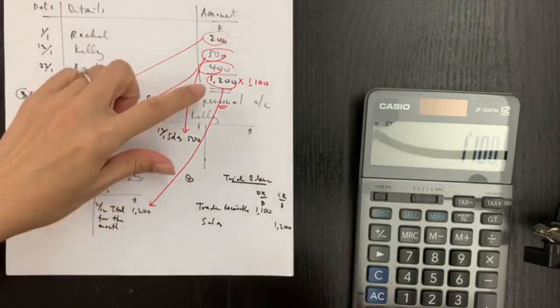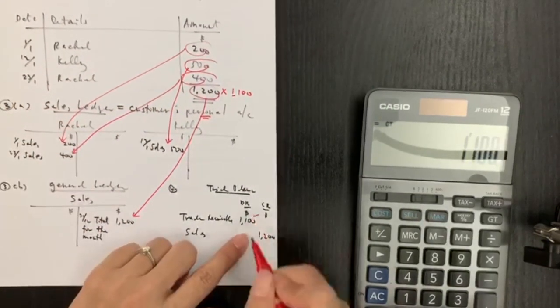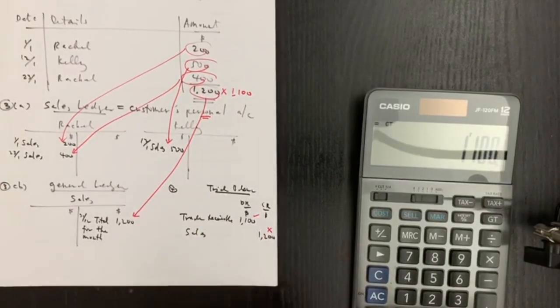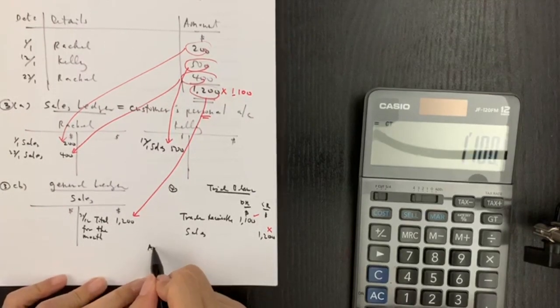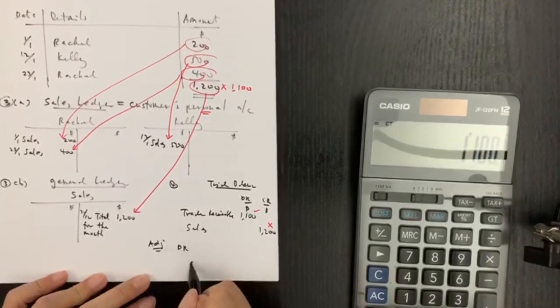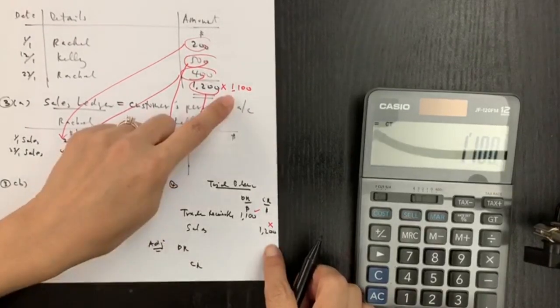Okay, so let's look at the effects of the mistake. If I have over added the total here, then no mistake in trade receivable account. However, sales is wrong. Okay, so how should I correct the mistake? By using the double entry. So here is the final adjustments. Sales account is too large, it should not be 1,200, it should be 1,100.